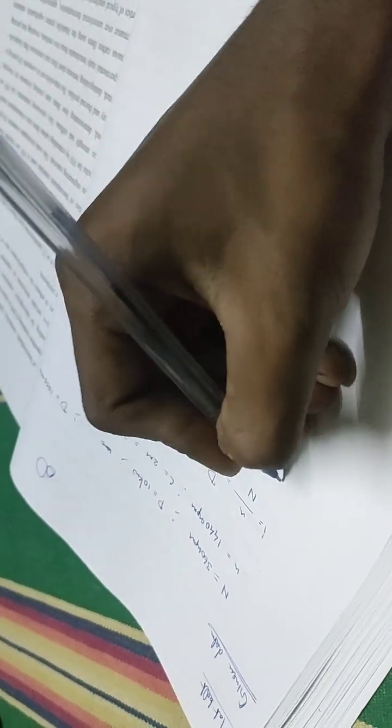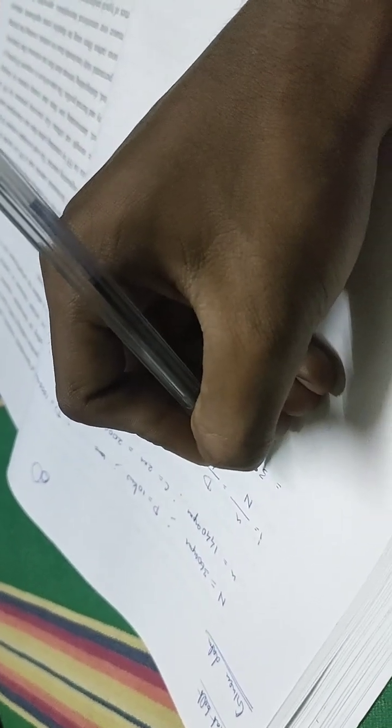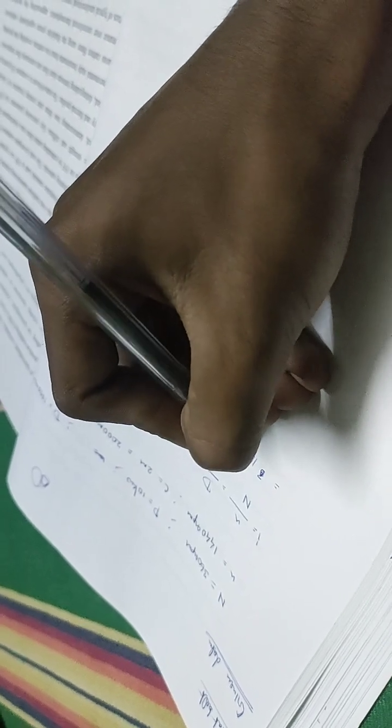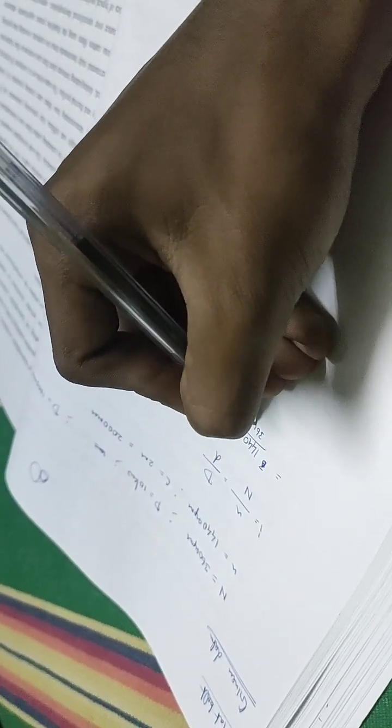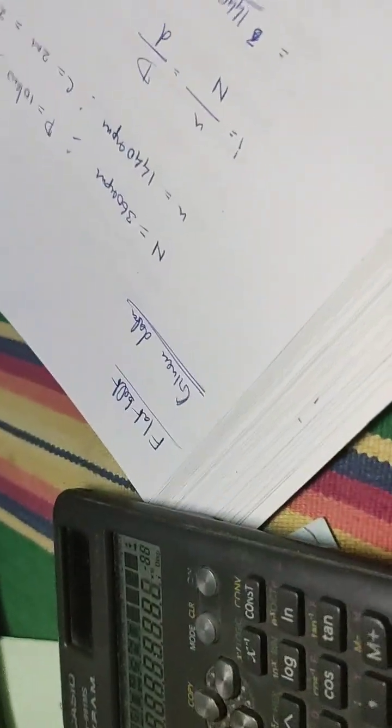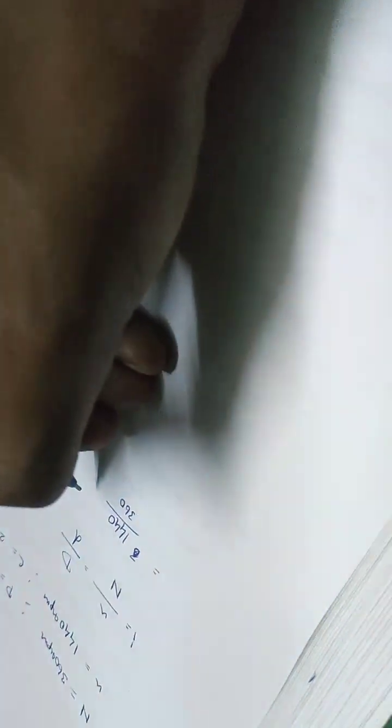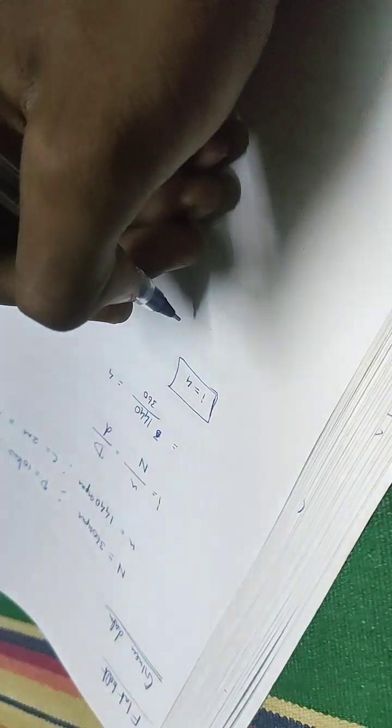Small n is 1440 divided by 360, that is 4. So we got the speed ratio, I value is equal to 4, or velocity ratio, anyway you can say.